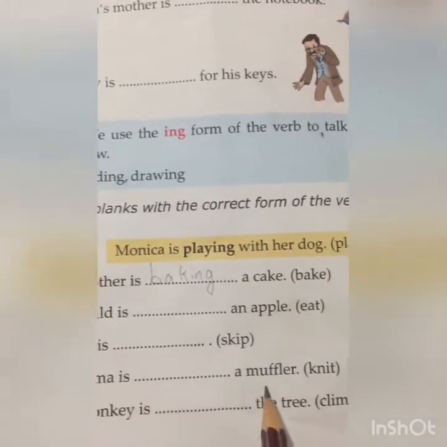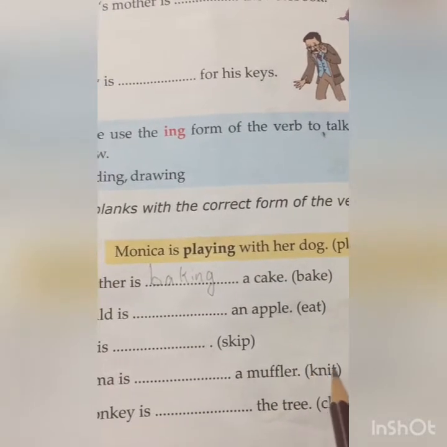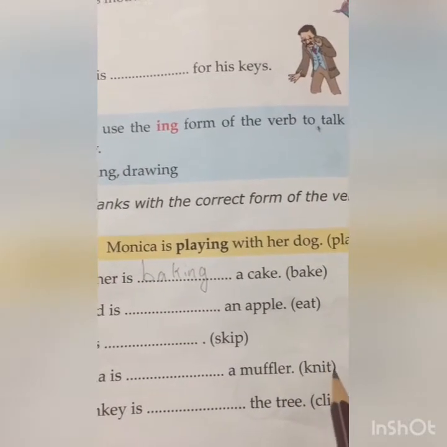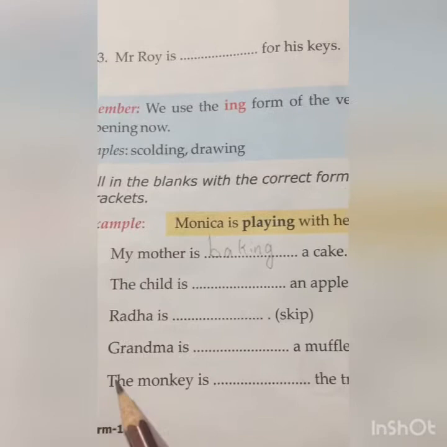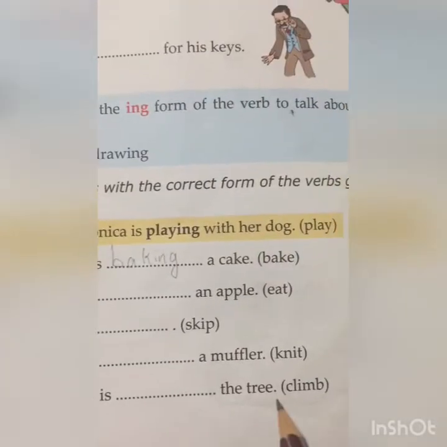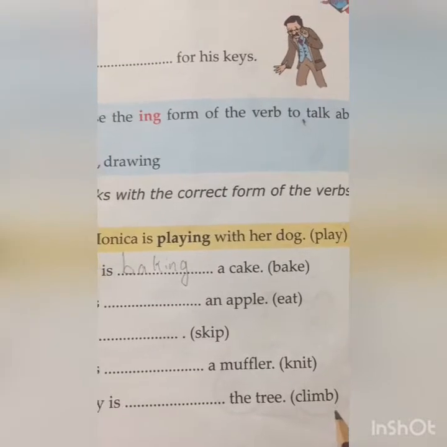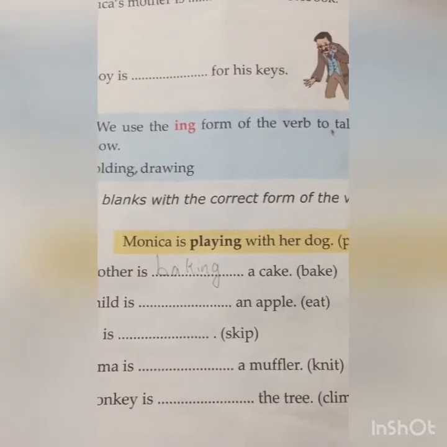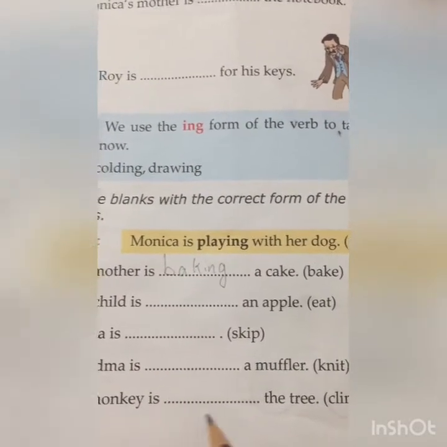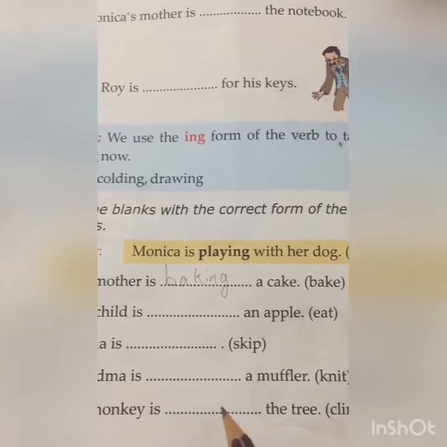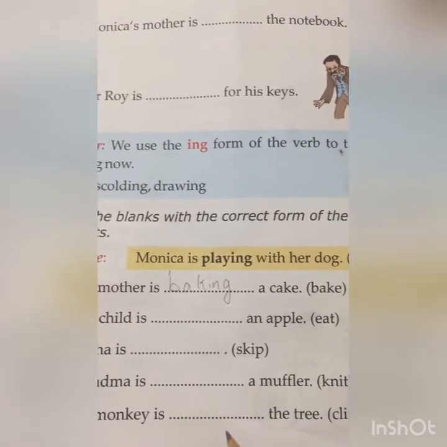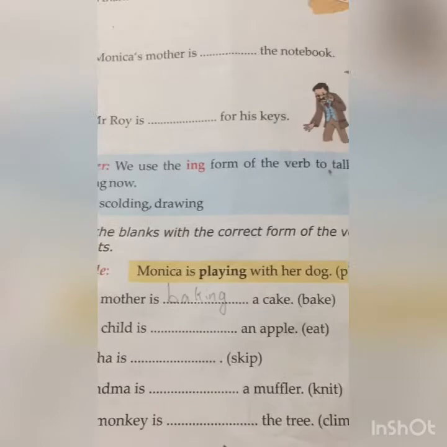Grandma is dash a muffler. It is given knit in the bracket. The monkey is dash the tree. Here it is given climb in the bracket. So you have to write the correct answer with the ing form. You have to make it the present continuous tense. Okay.